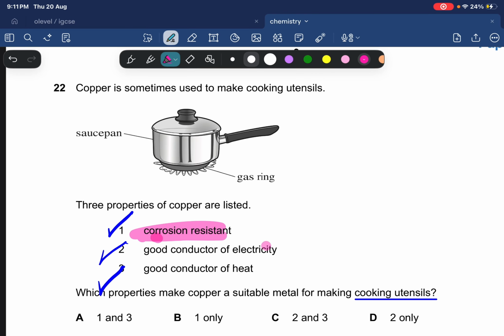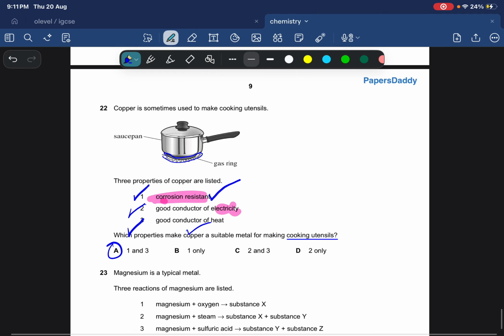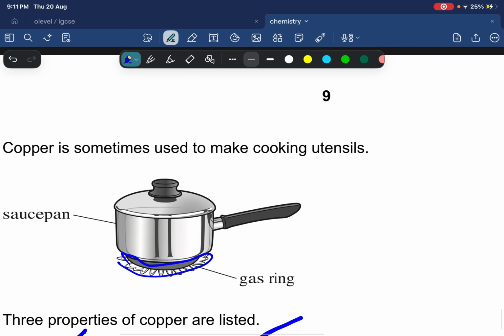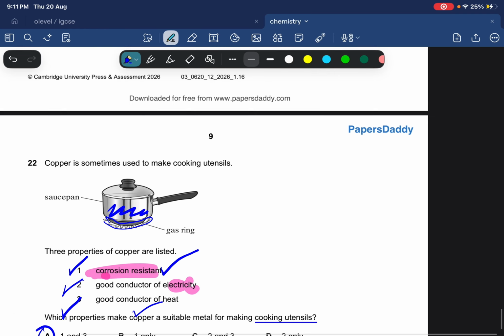We don't care about the electricity part. So we don't want it to corrode, and we want it to have good heat conduction. So 1 and 3, because obviously it has to have this gas ring over here, so it needs to be resistant to heat and be a good conductor, so it can warm the water or whatever food is inside this.